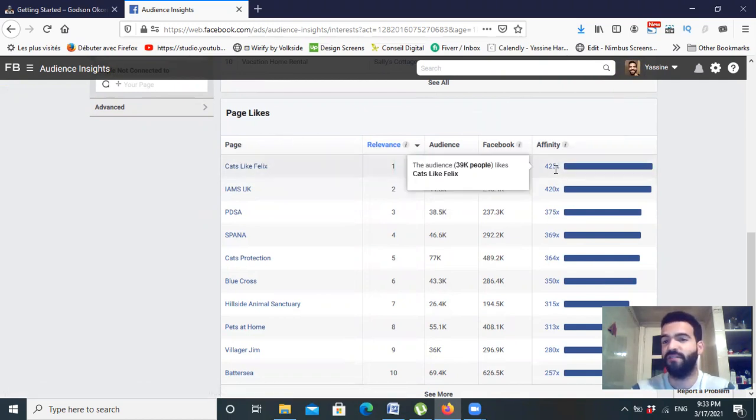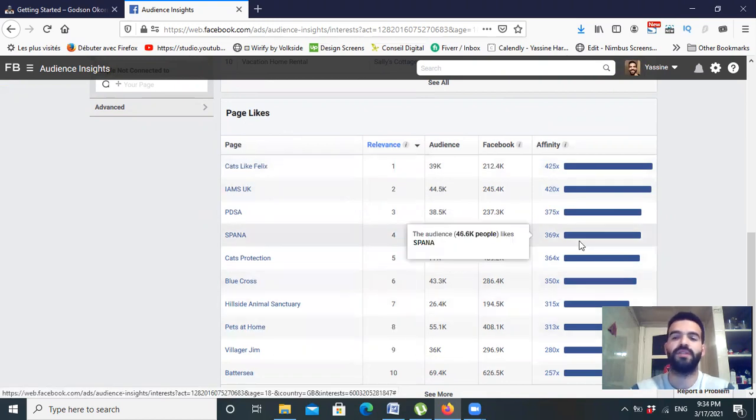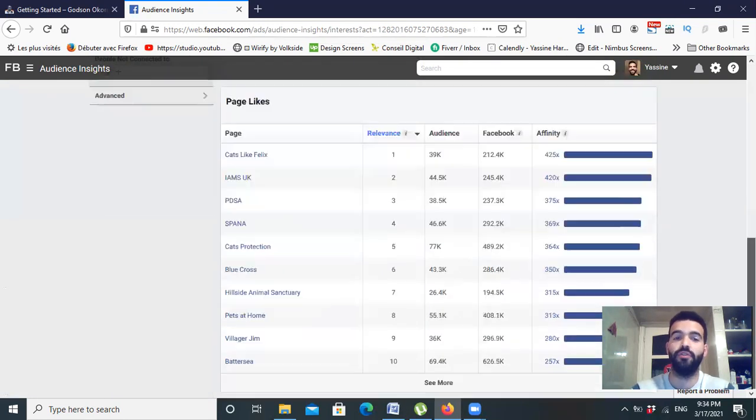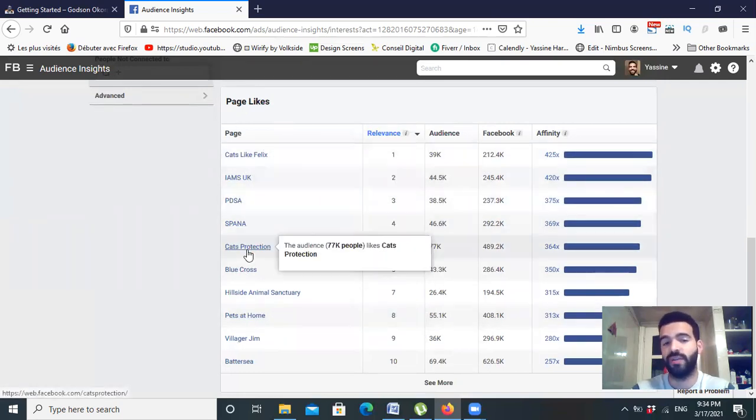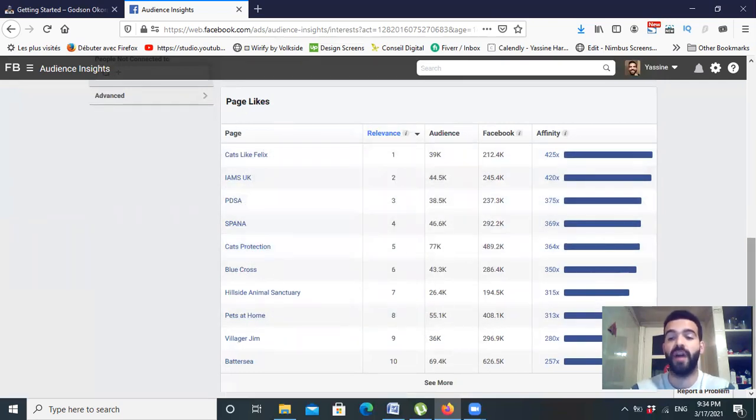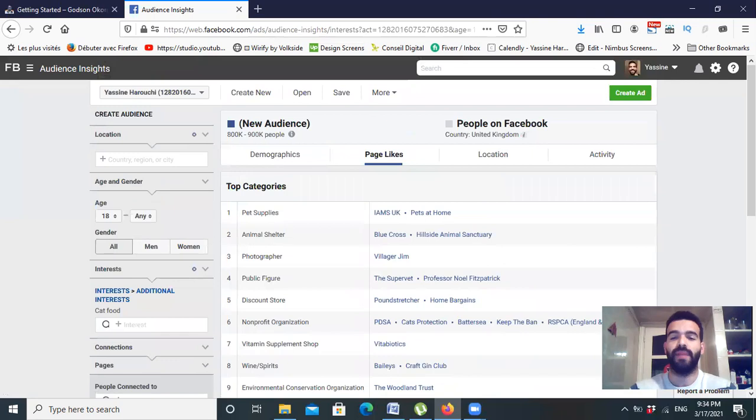As you can see, the affinity is 425x, which is extremely great. So instead of just targeting cat food, you're going to target those interests or keywords which are not targeted by many people.